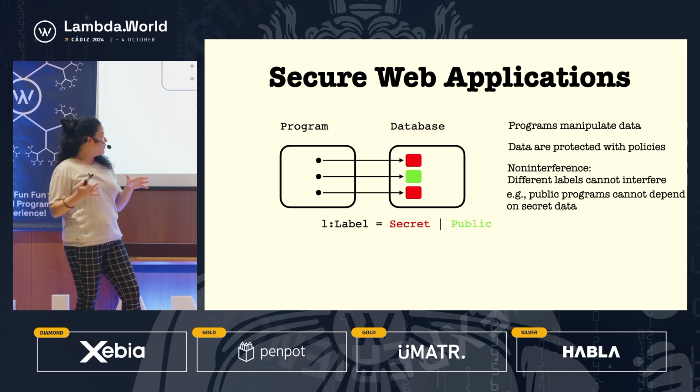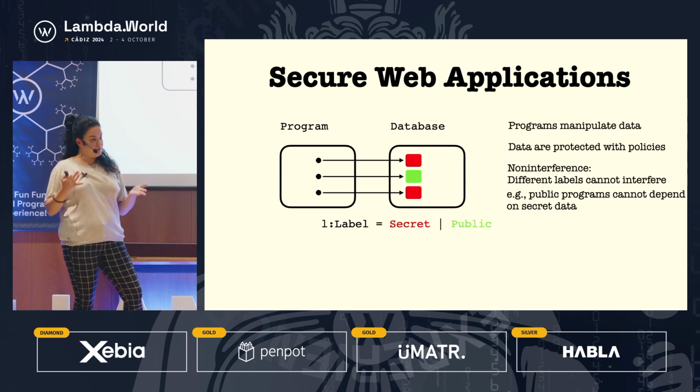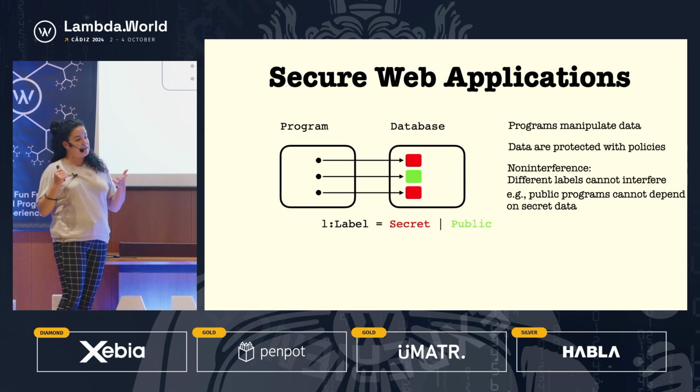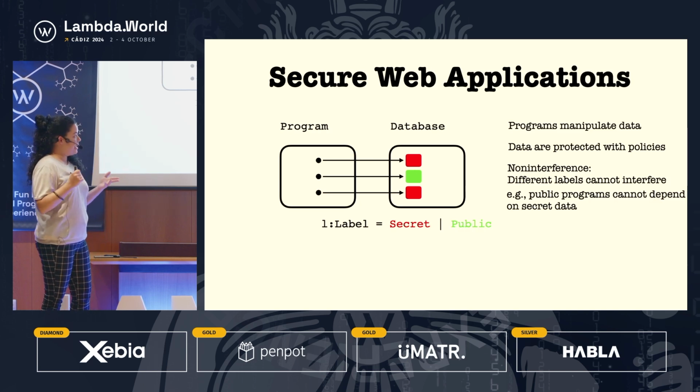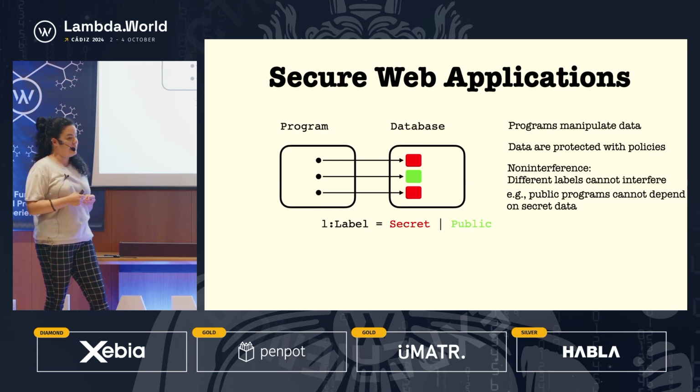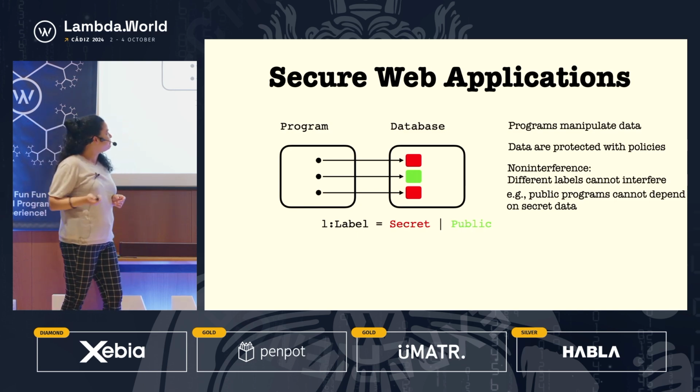That different labels, secret and public labels, cannot interfere with each other. And a concrete example is that if I run a program and I have public access, the program cannot depend on data that is secret, right?